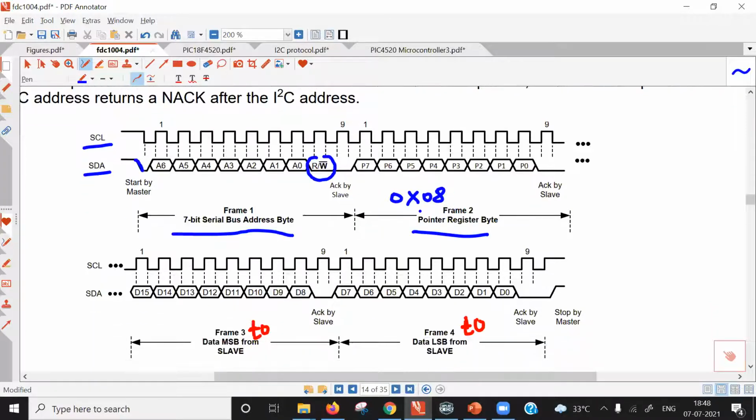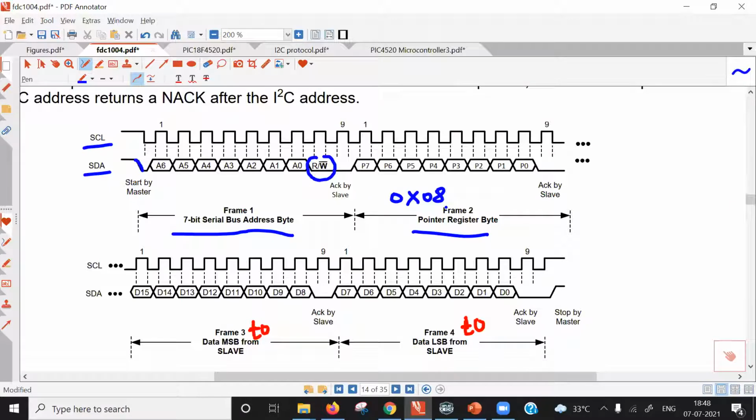So now as FDC1004 is selected for write operation, because we have transmitted address of FDC1004, FDC1004 will receive this 0x08 and it will be written to 8-bit pointer register. As pointer contains 0x08 value, during next write operations, data will be written to the on-chip registers in FDC1004 pointed by this 0x08 value.